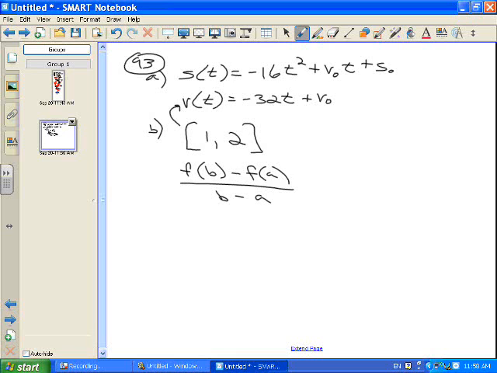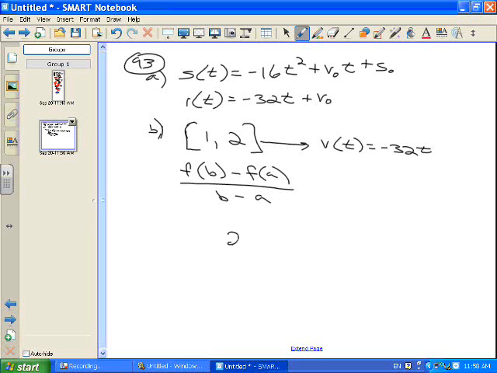Or, well, what is going to be the initial velocity if I'm dropping this coin? 0. So is it going to be negative 32 for A and then negative 64 for B? Yeah, so we're not really plugging it into that one. We're really plugging it in here.